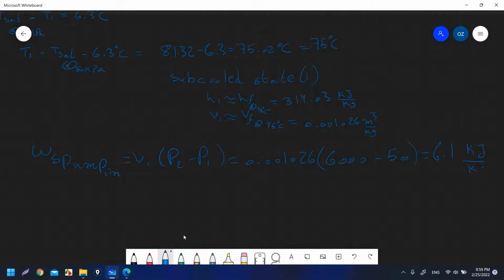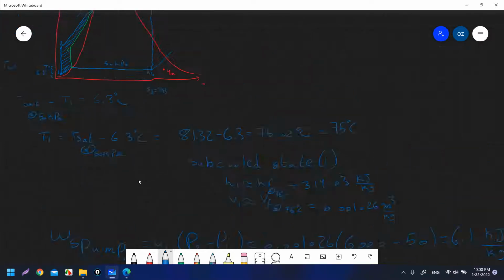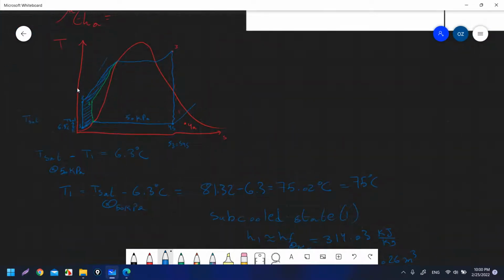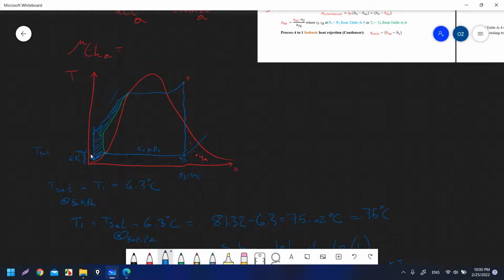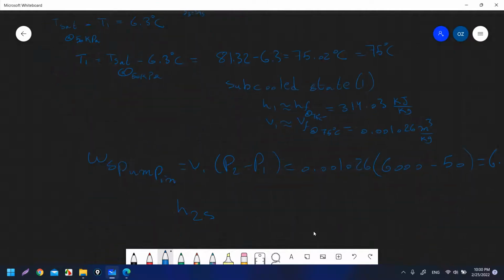kilojoule per kilogram. Okay, now let's find H2S, not A, because it is isentropic compression. That is the representation, the TS diagram, for the isentropic compression inside the pump. It is not an actual process, okay? It is an ideal process, an internally reversible process.